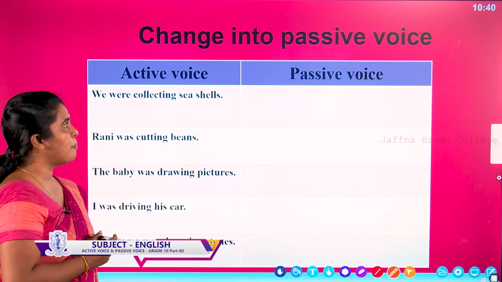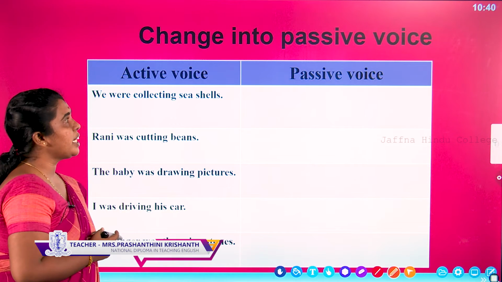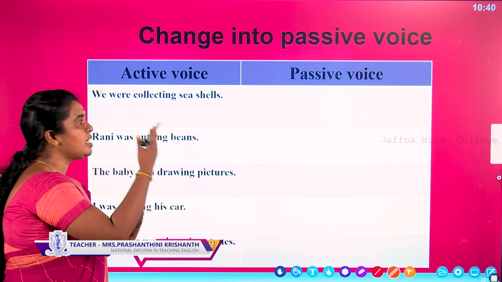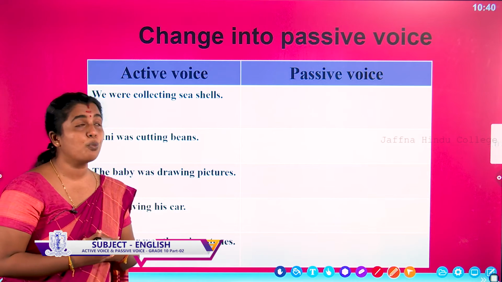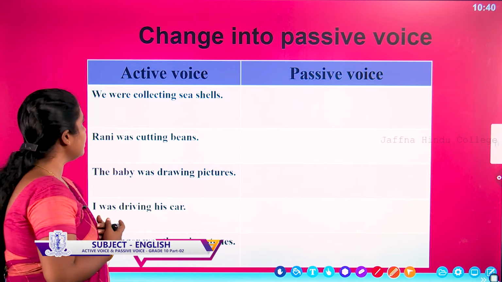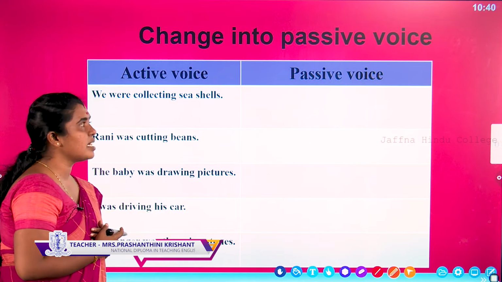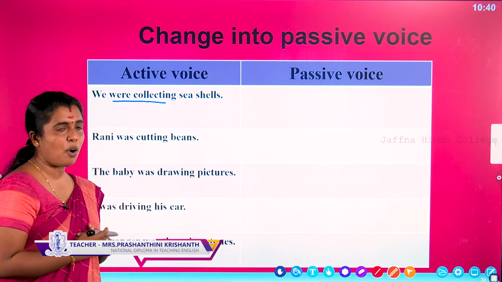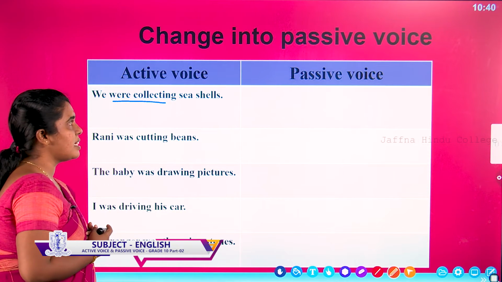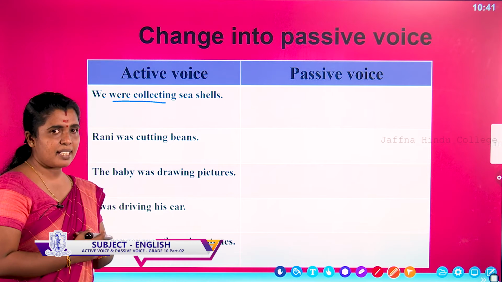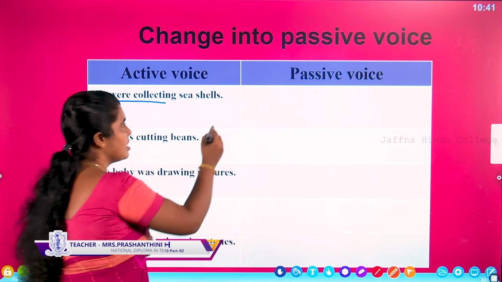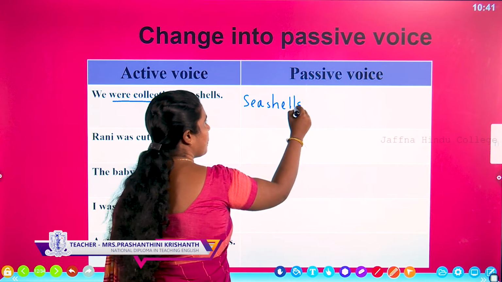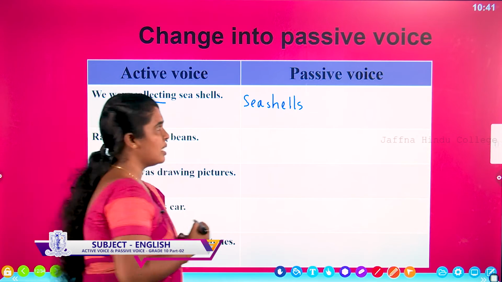Now see the more example or the activity, change into passive voice. So in this side, active voice is there. You have to change these sentences into passive voice. So see this first question. We were collecting seashells, right? So were collecting, past continuous form, right? We were collecting seashells. So what is the object in this sentence? Seashells, right? So seashells, helping verb, were.